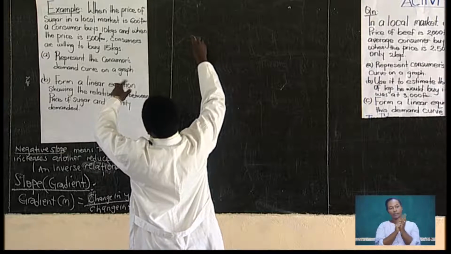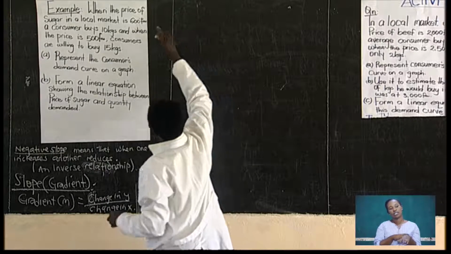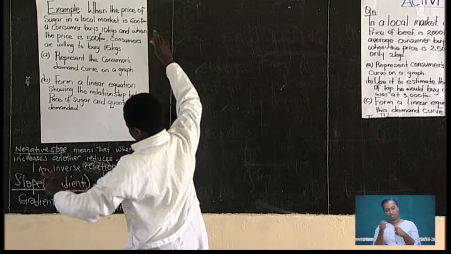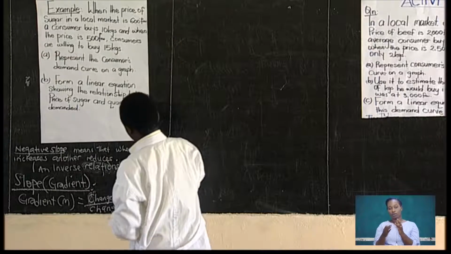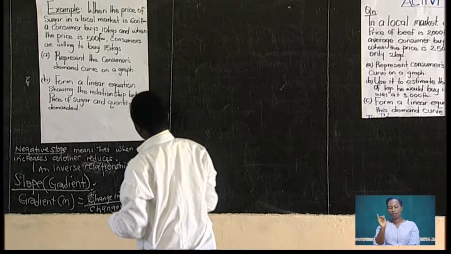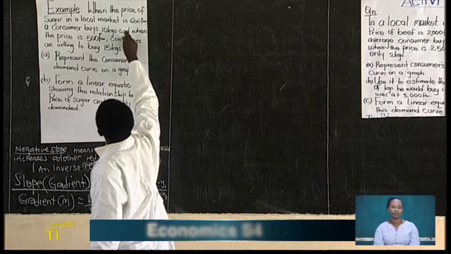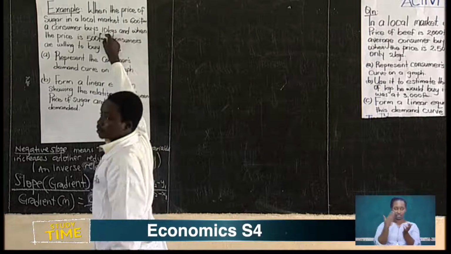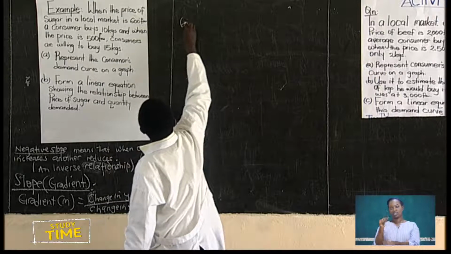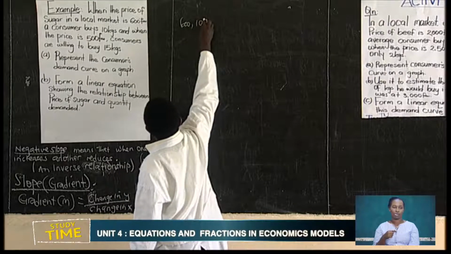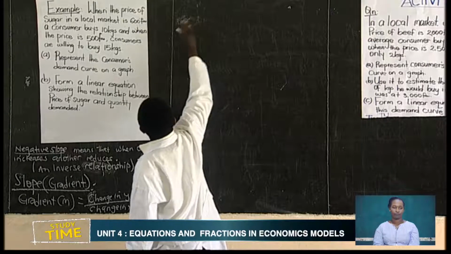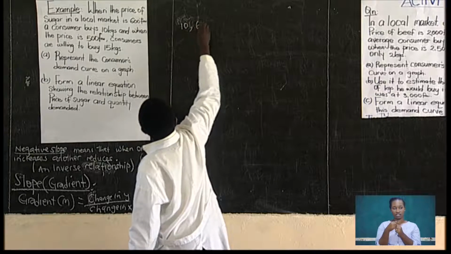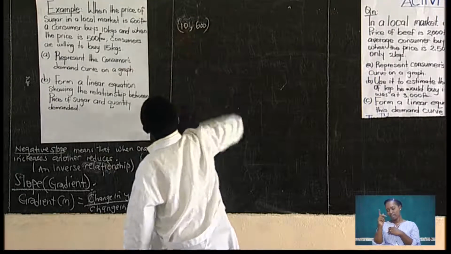Let us try to determine our points. In the first case, when the price was 600, remember you have to write your coordinates in terms of X and Y. So when the price was 600, quantity demanded was 10. 10 kilograms were demanded when price was at this.